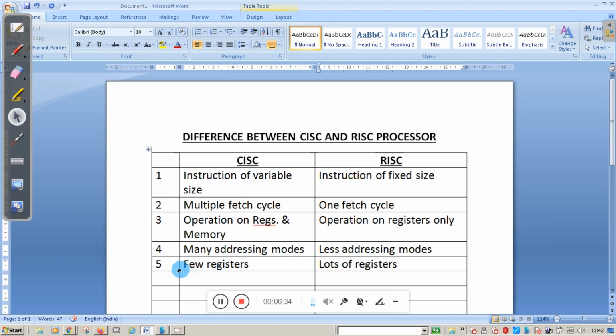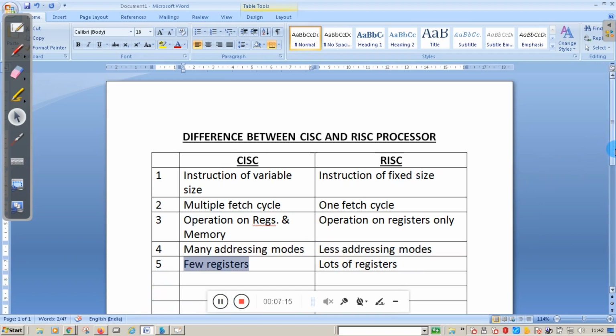A CISC processor uses few registers because it allows operation on memory, but ARM is based on RISC, which has many registers and allows operation in registers only rather than memory. The only memory operations allowed in ARM are load and store. That means if you want to execute anything, first you have to load it from memory to a register, do the execution, then store the result back to the memory. That is the fifth point.